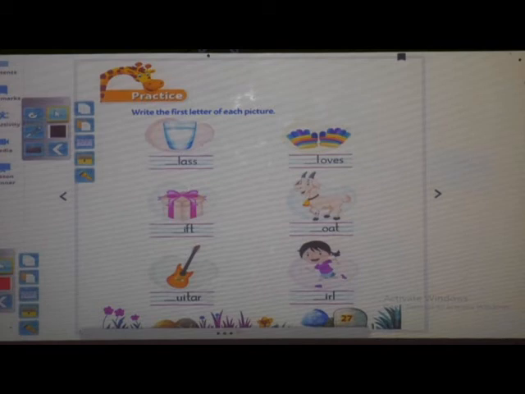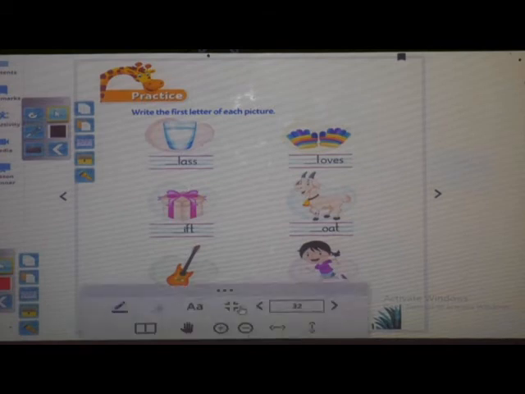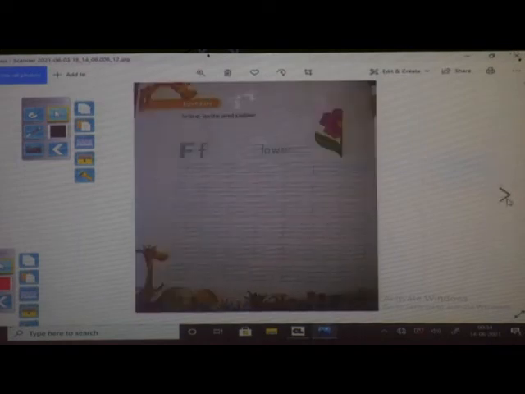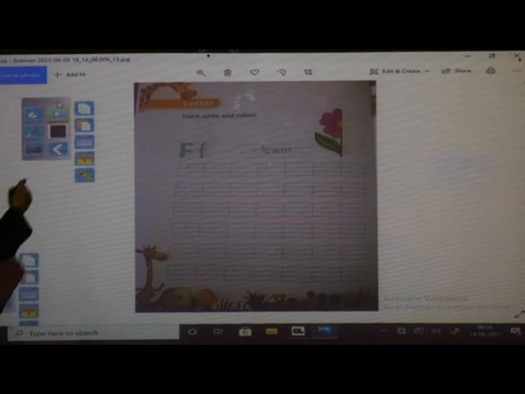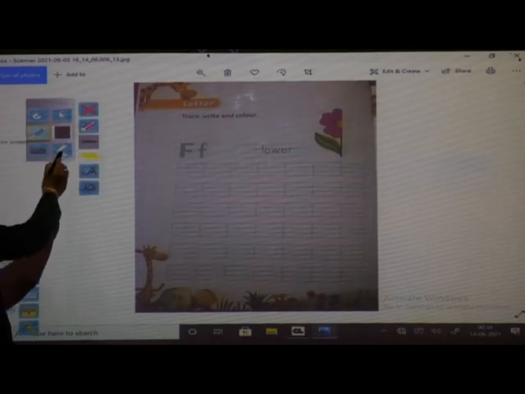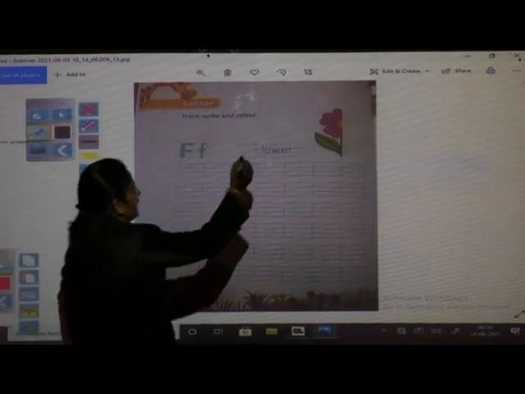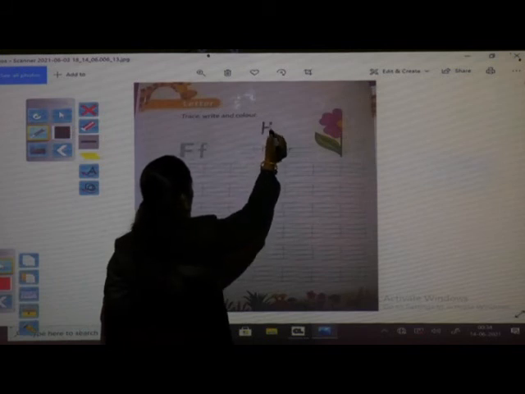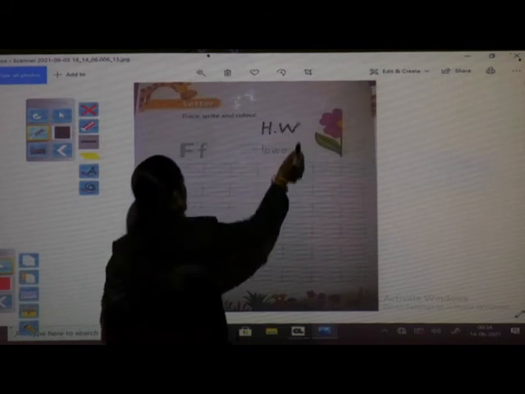Now you have to open your literacy workbook. Okay? You have to open literacy workbook, page number 10. Write here H.W homework.